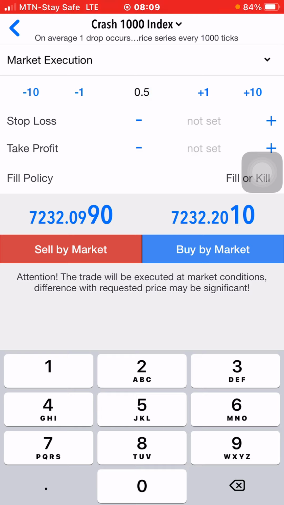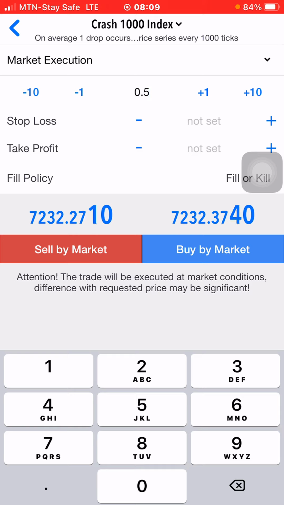You can enter as many positions as you wish, as long as you are fast enough to close these positions so that the spike will not meet you. That's another thing. So you write your lot size here, 0.5 for instance.